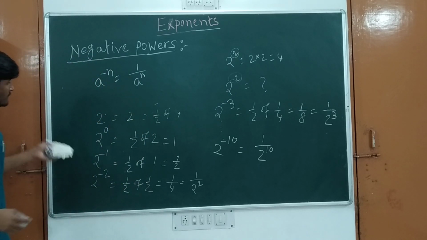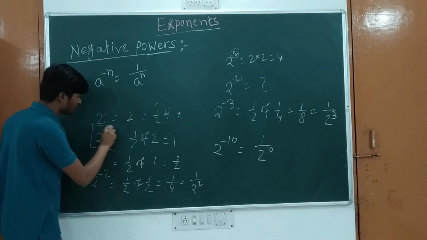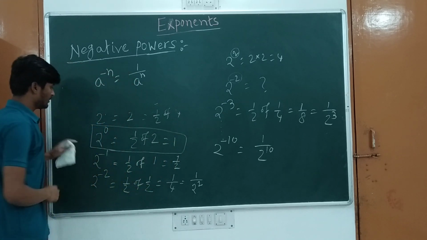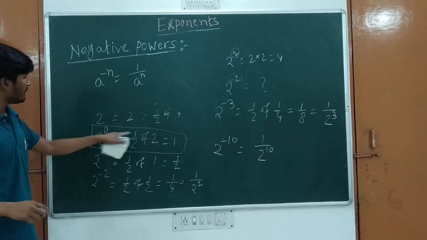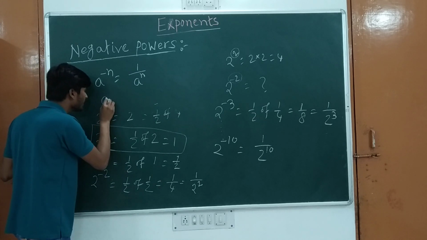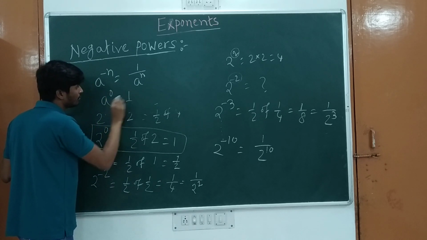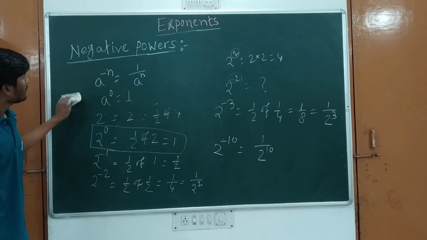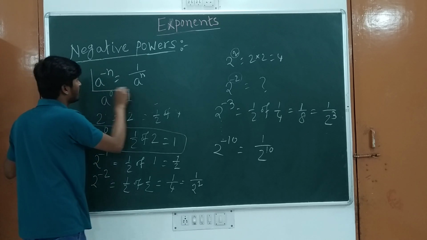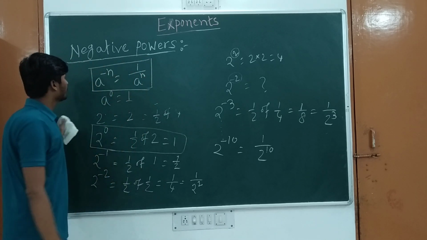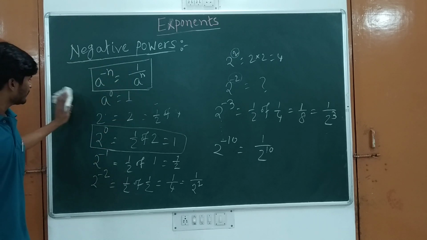Another interesting thing we discussed is that 2 to the power 0 is 1. So in general, a to the power 0 is 1. Remember this: a to the power minus n equals 1 by a to the power n.